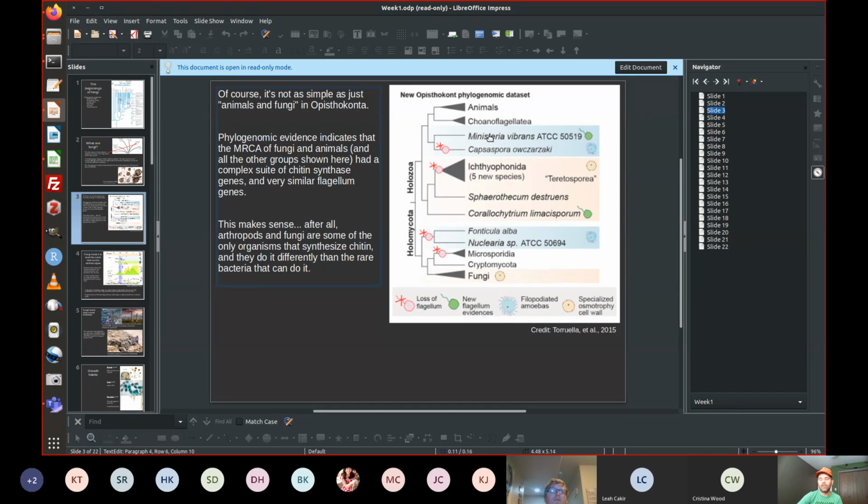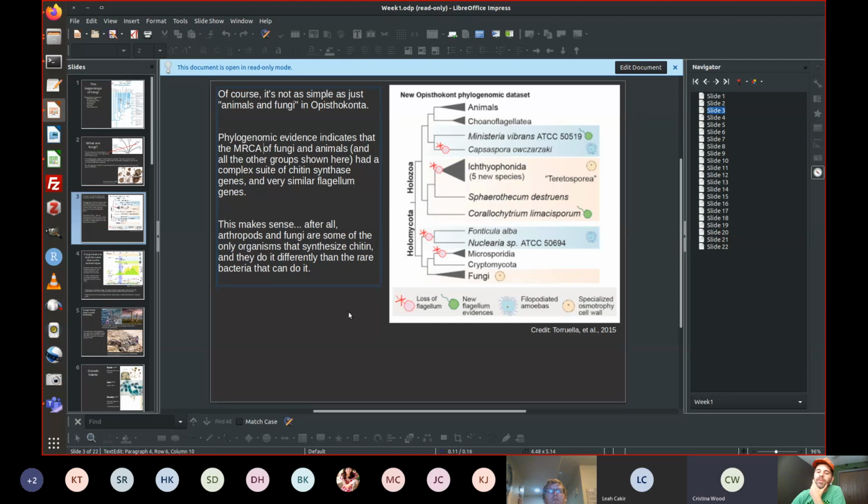These have been considered to have a more recently acquired flagellum, but the common ancestor did have a flagellum. It was a sexual species. It had something resembling an alternation of generations, okay? And they both had chitin. And so I think it was you, Christina, who pointed out that fungi have chitin cell walls, right?